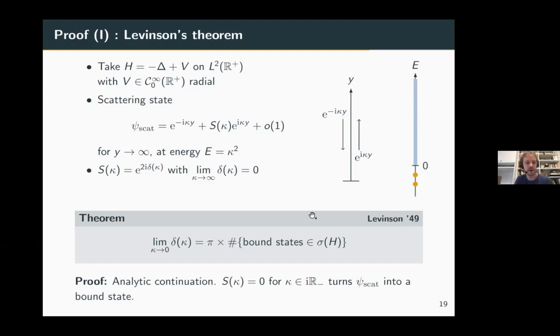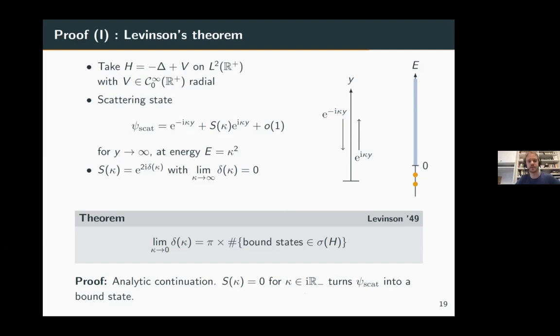The key to that is actually simple: imagine in this equation that you have S that vanishes for some kappa which is imaginary with negative imaginary part. Then you can see that this one is exponentially decaying away from the boundary, and this one vanishes. So you can actually build a bound state from the scattering state up to analytic continuation. And that's the main ingredient that we are going to use, okay?